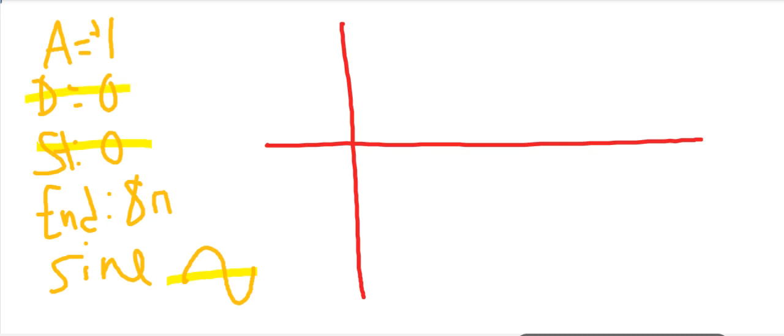We know this one is the midline, so let's draw the midline right there. And then the amplitude is 1, meaning all it's going to do is go up 1 and down 1 from the midline. It happens to be 1 and negative 1 because the midline was 0 to begin with. So let me put 0 right there.